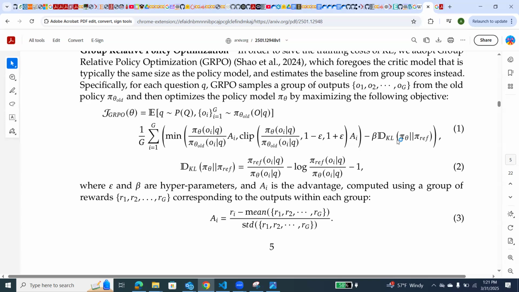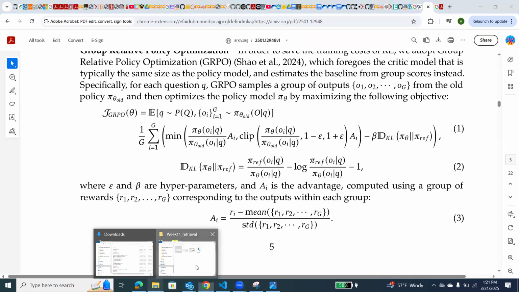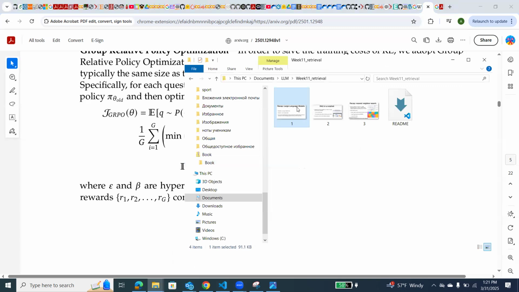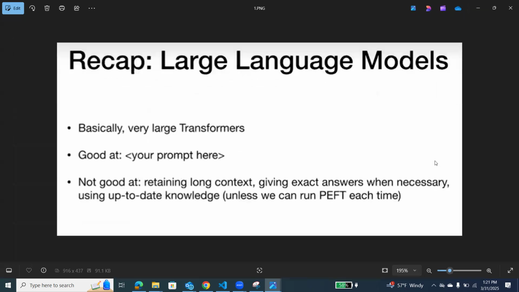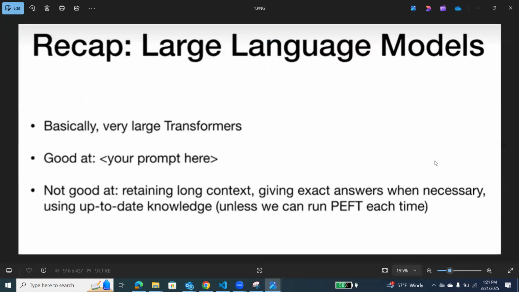Okay, now let's talk about retrieval augmentation. Sorry, I didn't have time to prepare slides. So what are the large language models good at and what are they not so good at?